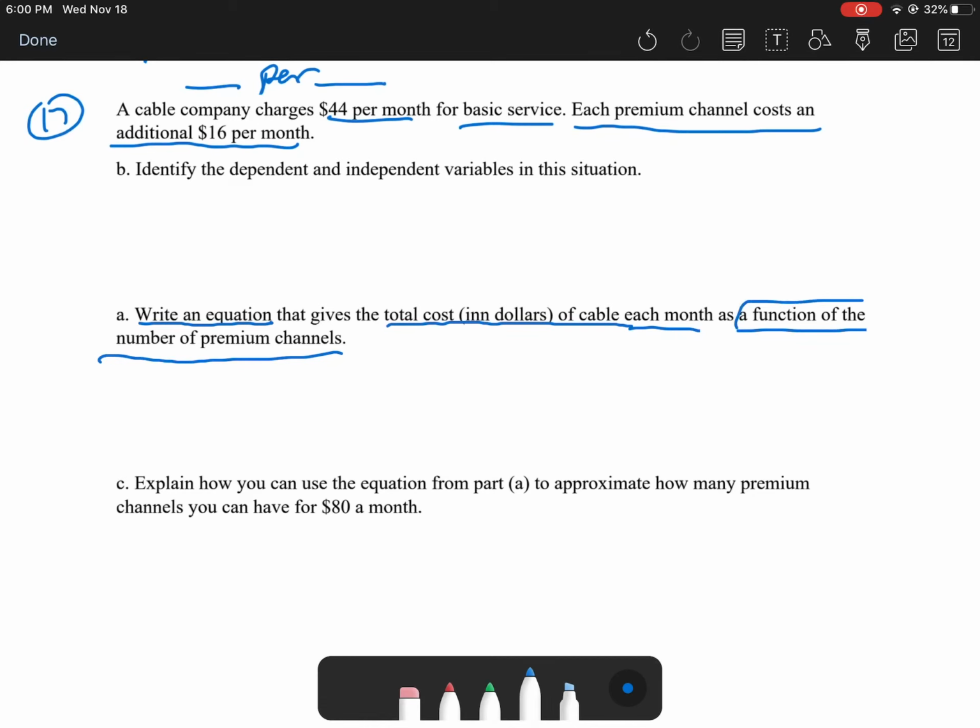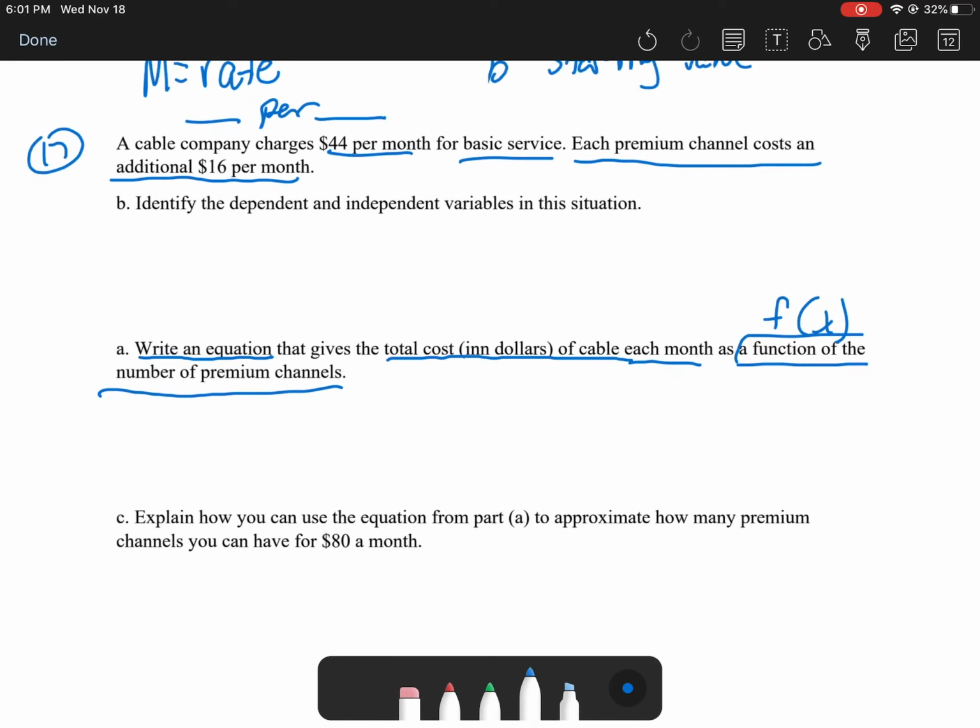So you can kind of think of this as being our f of x. So I know that my x value means the number of premium channels. And that means that y is our total cost in services.